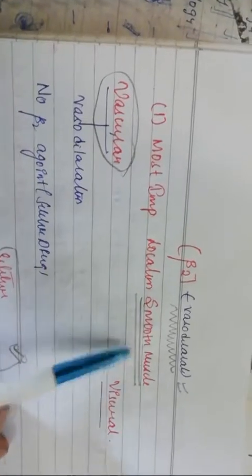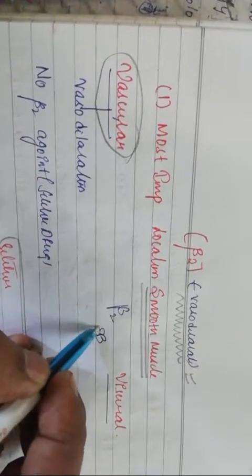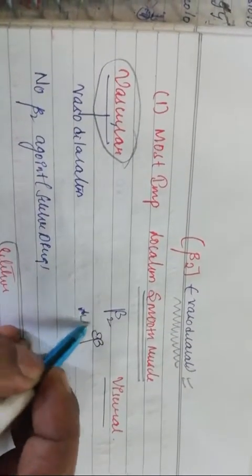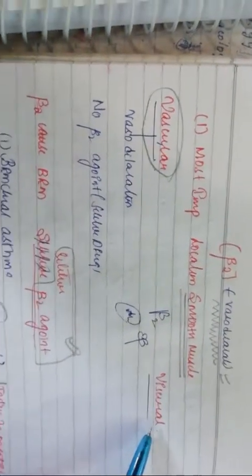Whenever I activate these beta 2 receptors, if I draw it like this, it looks like a butterfly in dilatation. So you can see vasodilatation, and these are mainly smooth muscles, that is vascular smooth muscles, and it can be visceral smooth muscle also. Whenever we activate this, that leads to vasodilatation.